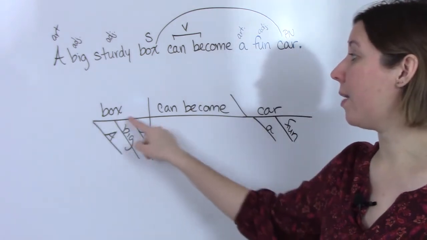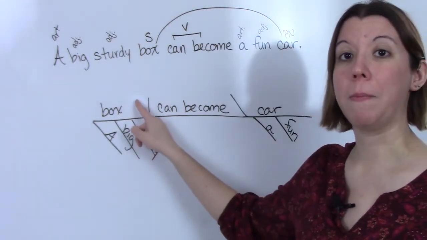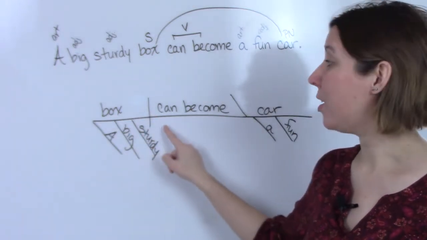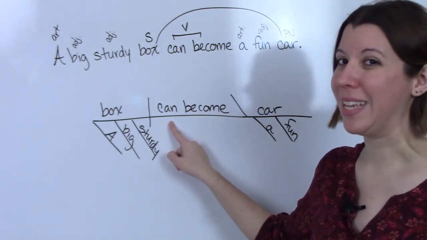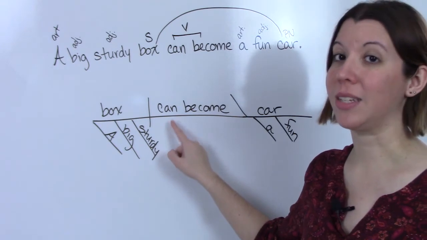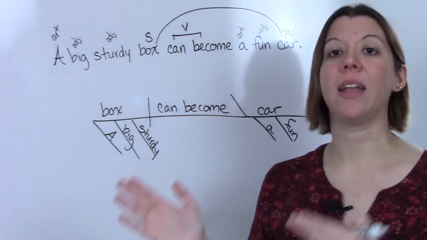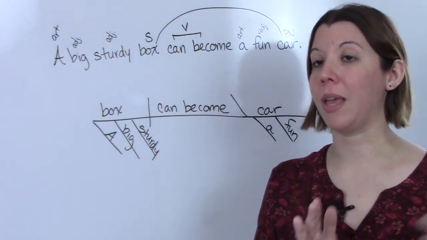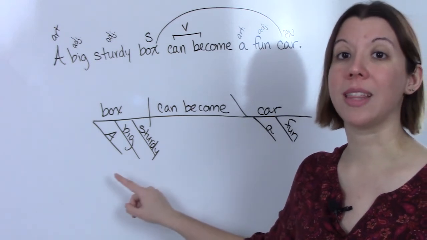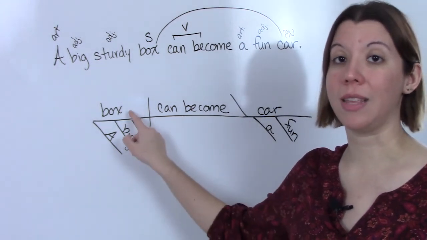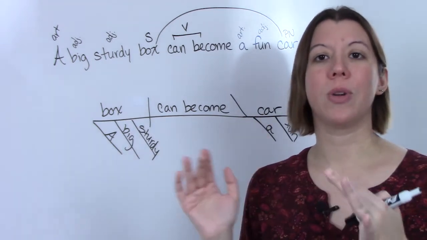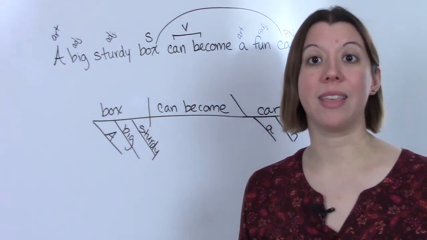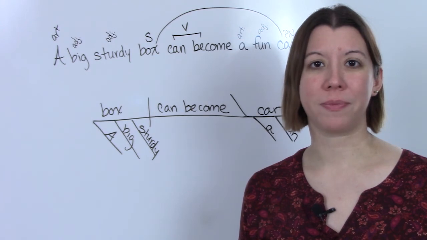So if you run out of space, if, for example, box ends right here and you need to put sturdy underneath the verb, that's not correct. That's a time when you would need to erase and shift your diagram over a little bit. It's more important that the modifiers go underneath the word that they modify than that everything is precisely the right length that it needs to be for each word.